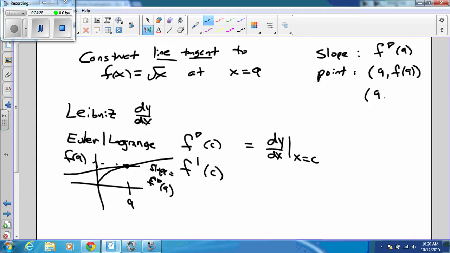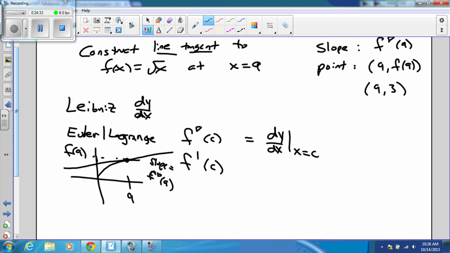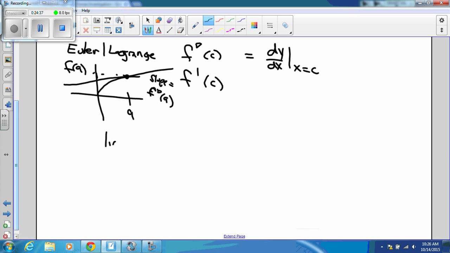So, now it's just a matter of computing. Point 9 comma f of 9 is easy enough, 9 comma 3. And now I'm going to use the alternate form to get my slope. Why did I choose the alternate form instead of the form we learned yesterday? Well, it's about 50-50. This is a situation where either one could have been used. And I'll write my form first.